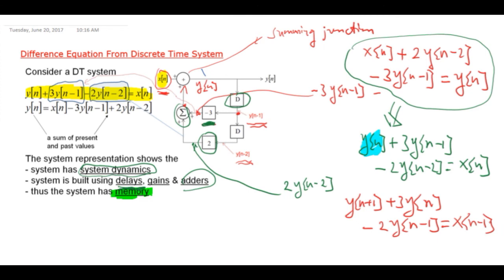Then what you can see is that y[n+1] is being affected by the system output y[n] and also the previous input x[n-1]. So this is what it meant. It has a kind of memory effect.